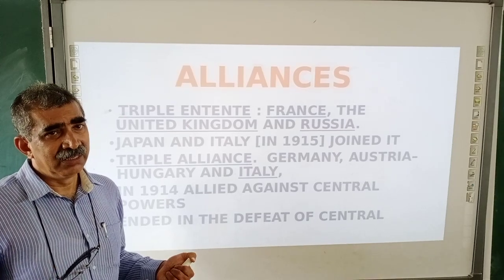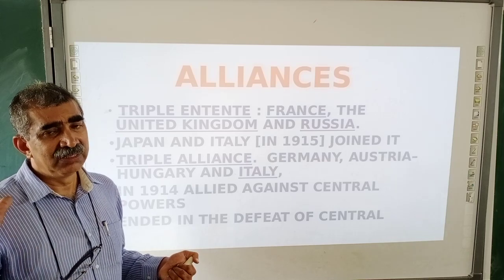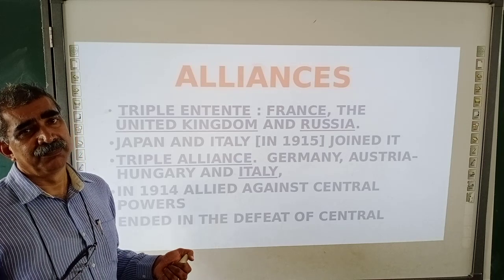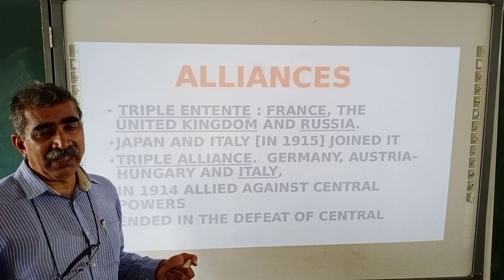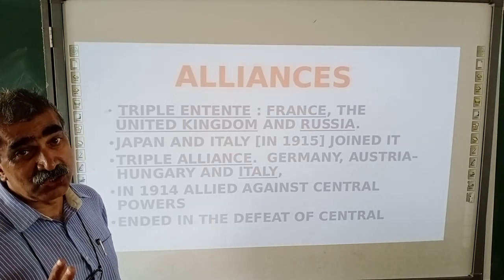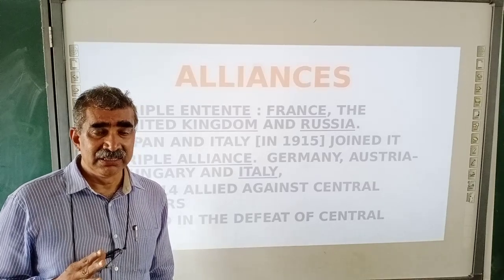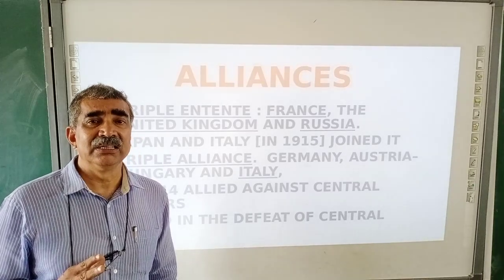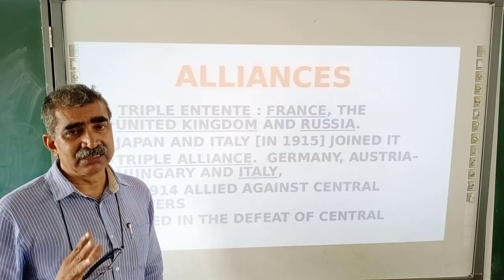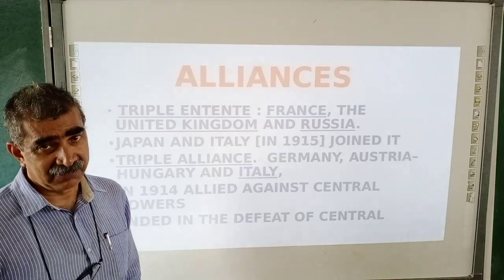And ultimately, the war ended with the defeat of Germany. And that defeat of Germany in 1918 led to the agreements signed at the capital of France, in Paris, at the Palace of Versailles.